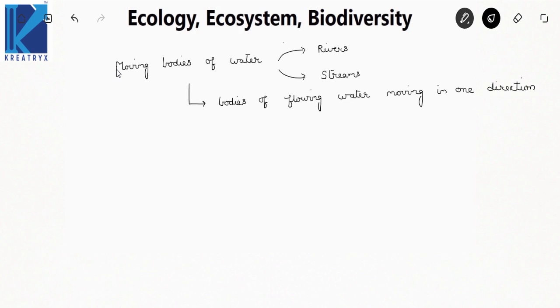Now these moving bodies of water are classified or separated into three zones, right? Because each river and stream will have a source point, a starting point, and again they will combine with the oceans at some point. So based on this they are separated into three zones, and we will discuss the nutrient content, dissolved oxygen content, and biodiversity factors with respect to those zones. Okay, so that it will be very clear.